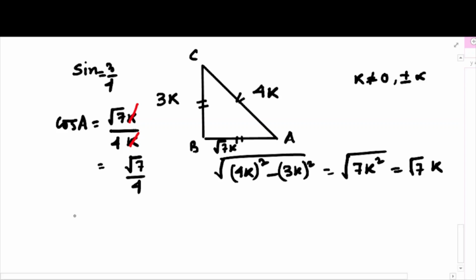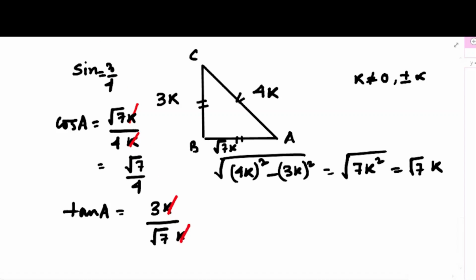Now again we have to find the value of tan A. Tan A is equals to perpendicular by base. So that means here it will become 3k by root over 7k. Again, as k is non-zero, so we can cancel k. So the value becomes 3 by root over 7. So it was question number 3.